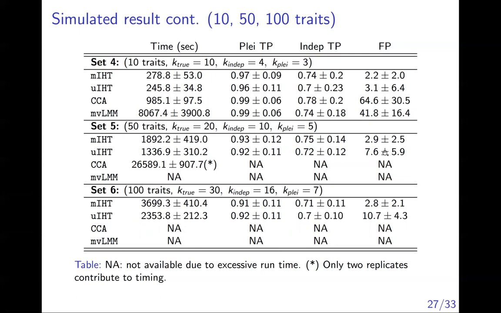Why multivariate has better false positive rate? Potentially. I guess for univariate IHT, it has to run 100 separate analyses, so it has more chance of finding false signals. I don't know, I'm curious.